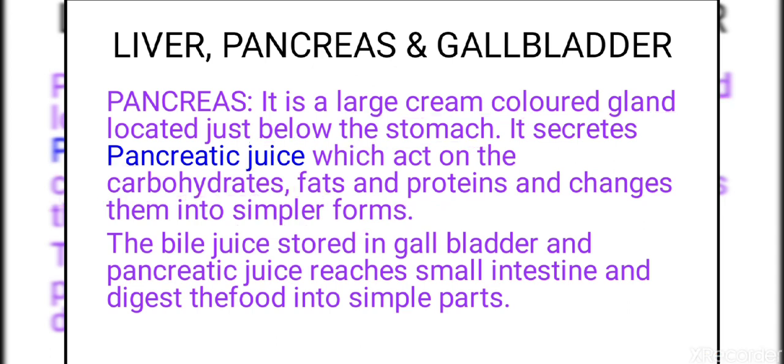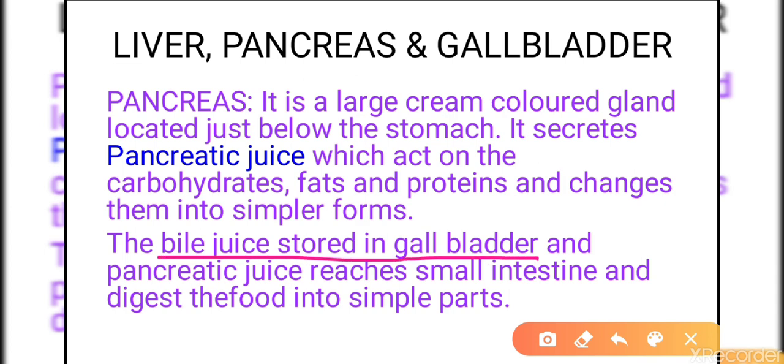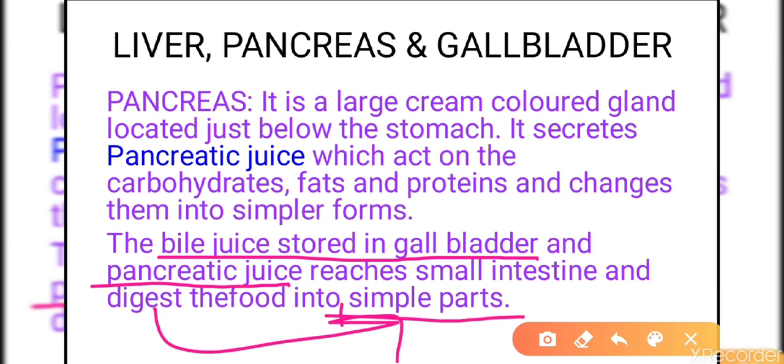So, as we have discussed earlier, the bile juice which is stored in the gallbladder and the pancreatic juice reach the small intestine, and pancreatic juice, bile juice, and intestinal juice completely digest the food and convert it into simpler forms.